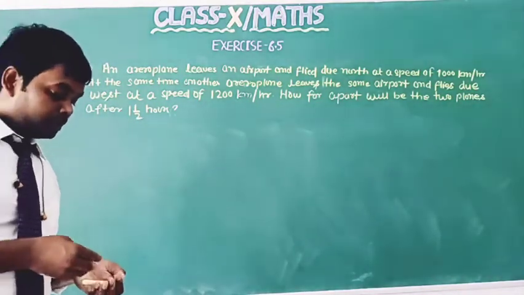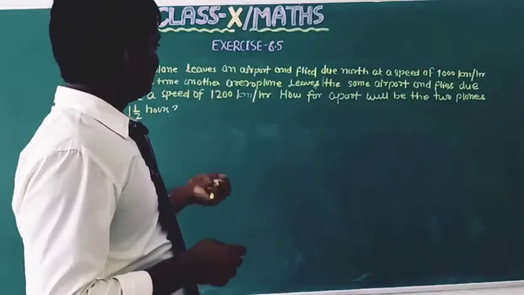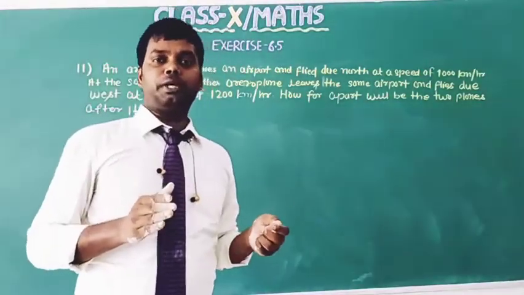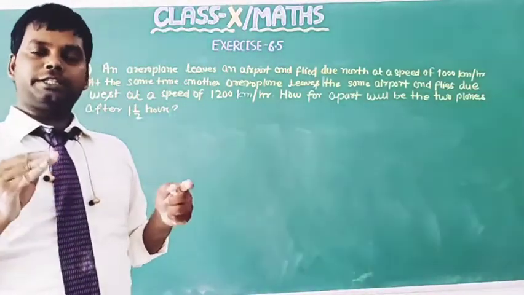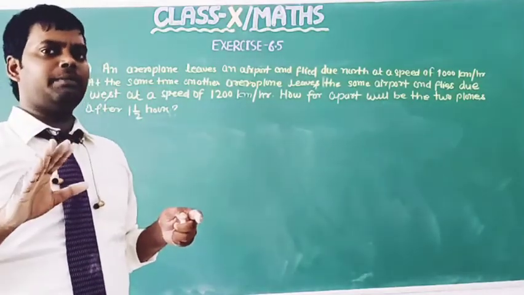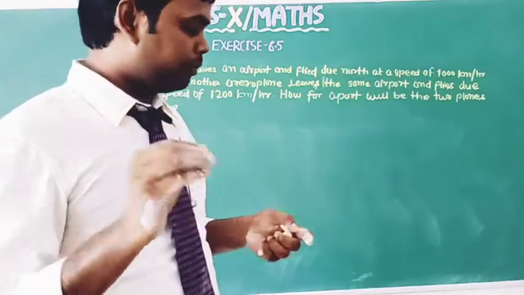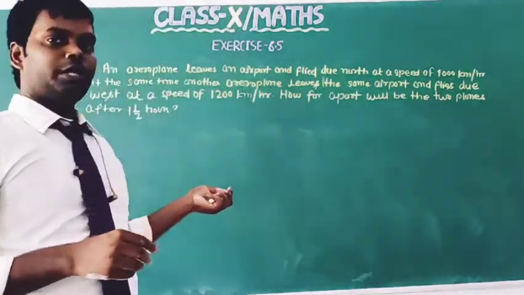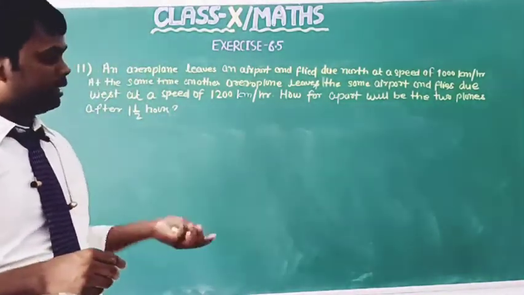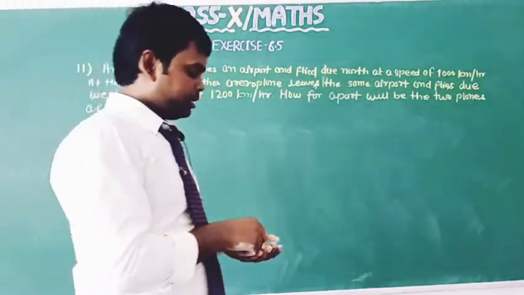Given here are two aeroplanes which fly from the same airport at the same time, but the speeds are different in both aeroplanes. So now let me solve this question by drawing its figure.